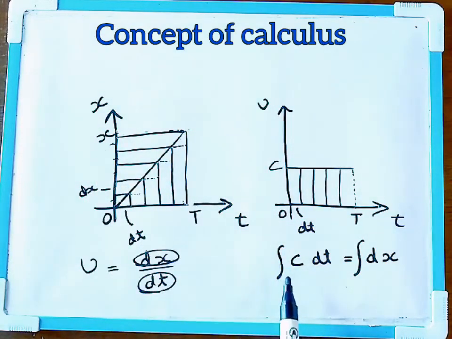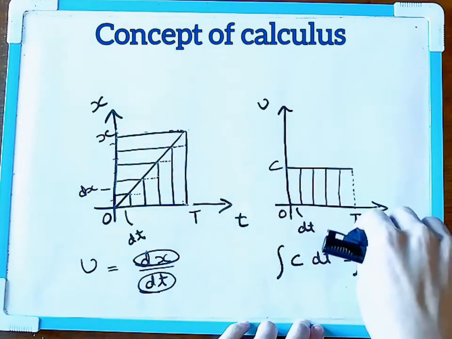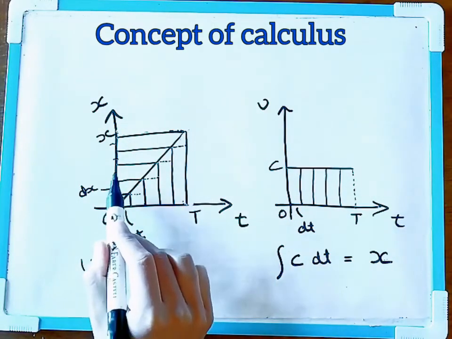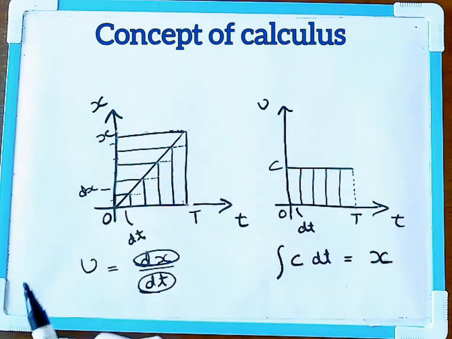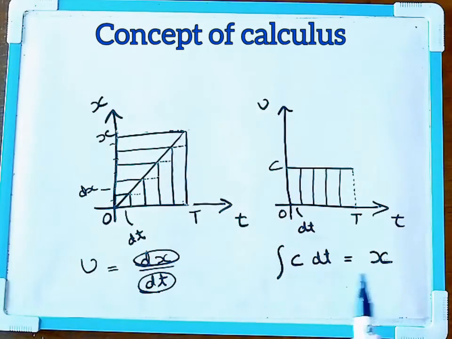Integration means a summation. So sum all these dx, dx, dx, dx, dx, you will get what? X, the displacement. So here the displacement is equal to the integration of c dt.